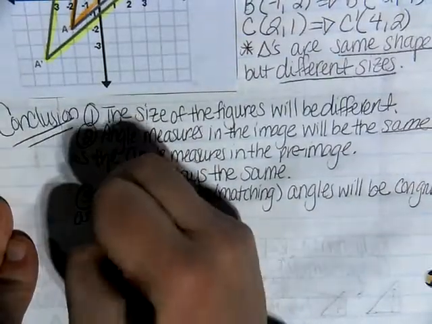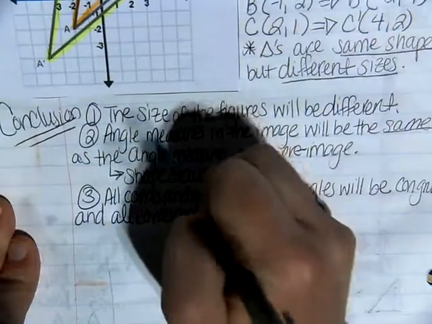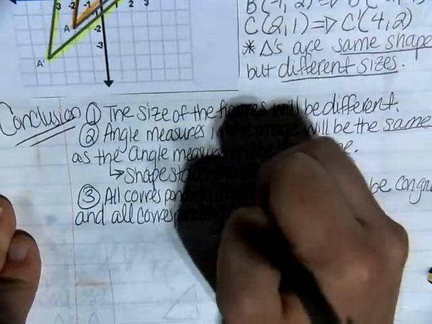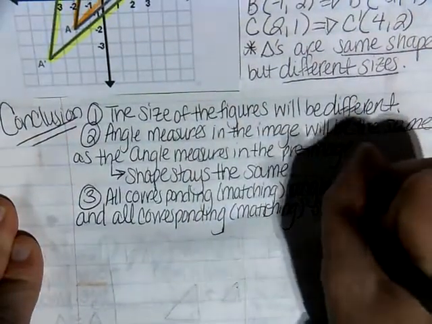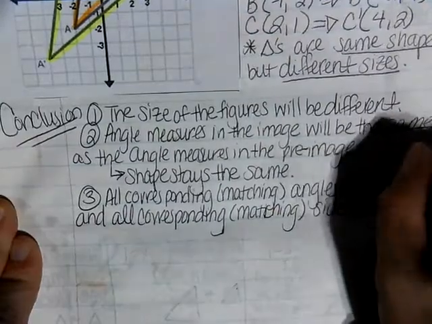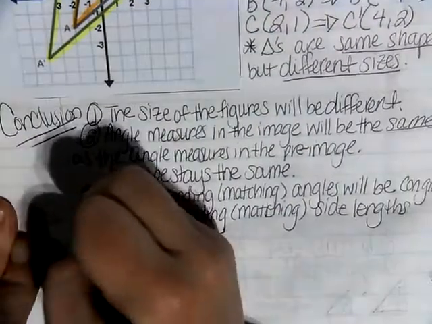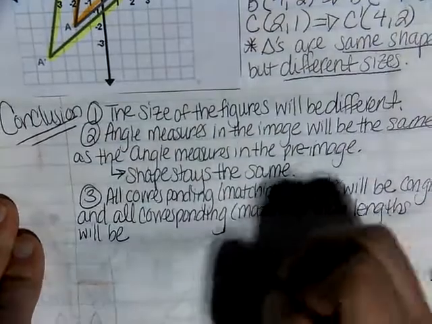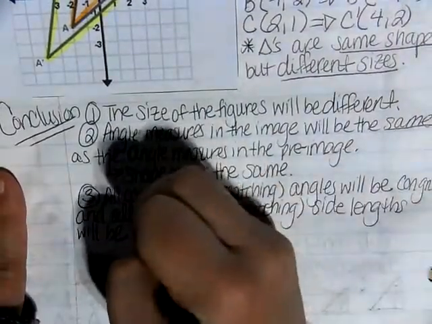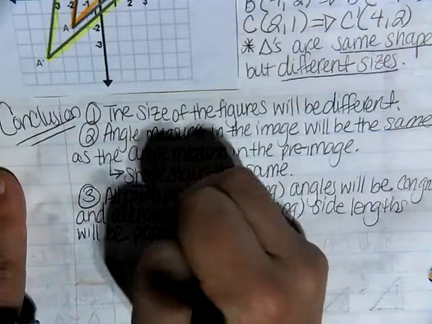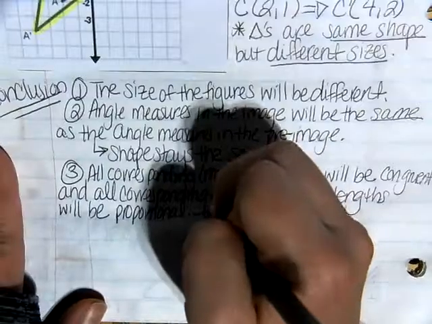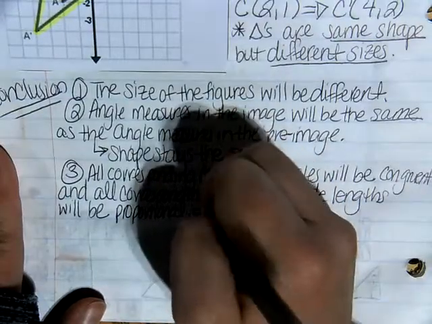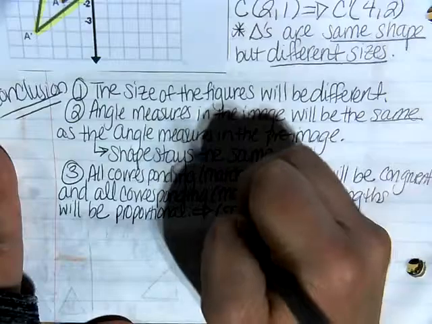And all corresponding, which means matching, side lengths will be what we call proportional. They will be proportional, or equal, to the scale factor.